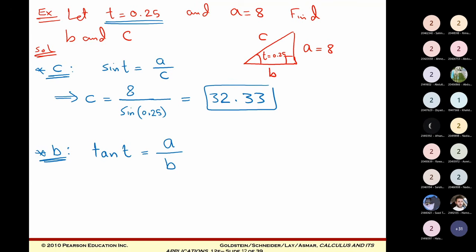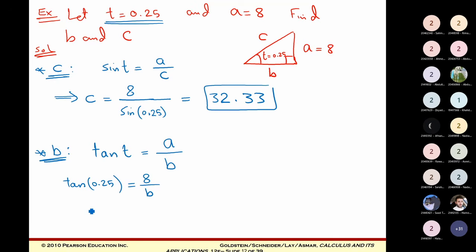We can also use cosine because we already found the value of C, cosine equals B over C. But in the first step, we already found C. Okay. Now, tan of 0.25 in radian equals 8 over B.